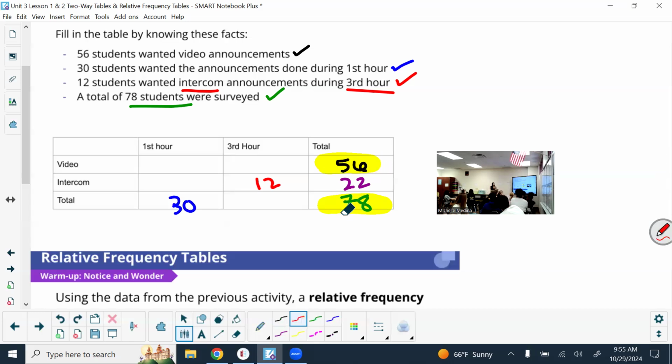Then you can just use your critical thinking skills. Think, what can I add to 56 to get 78? And if that's not easy for you to figure out, go backwards. 78 minus 56, use your calculator. Yes, it is 22, so that's how you end up filling out the whole table. You need at least 2 things.